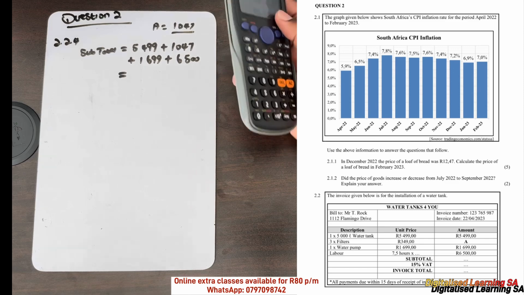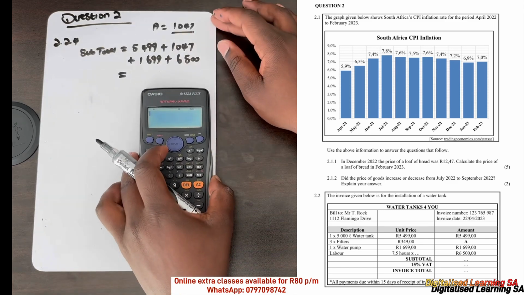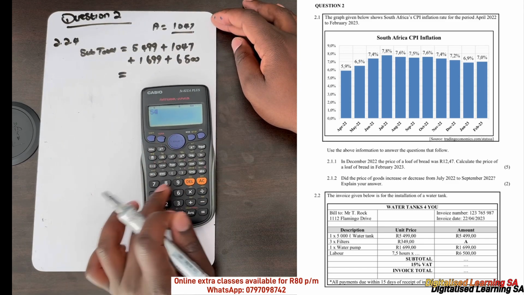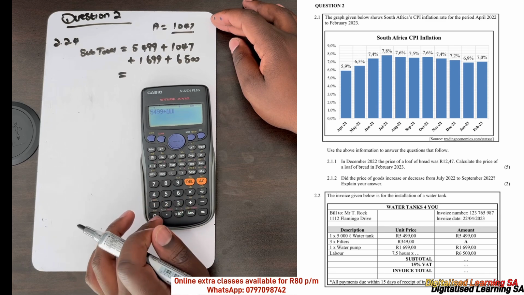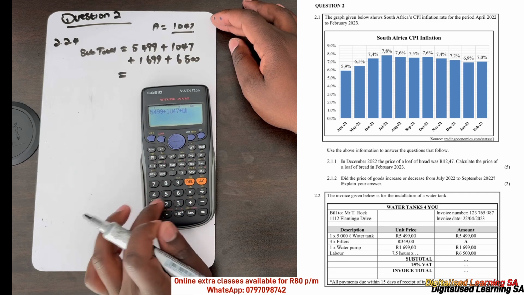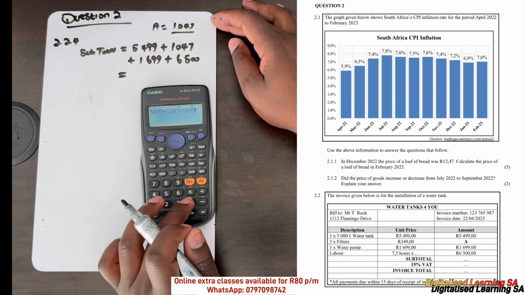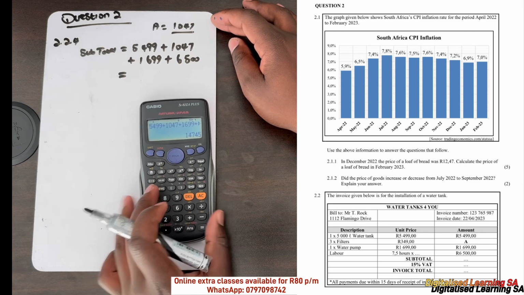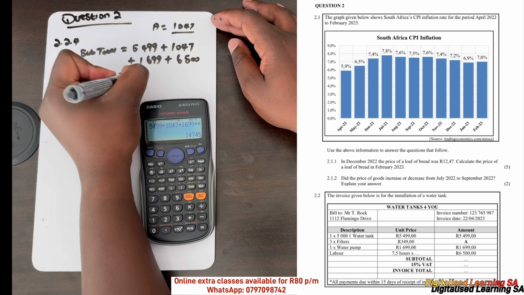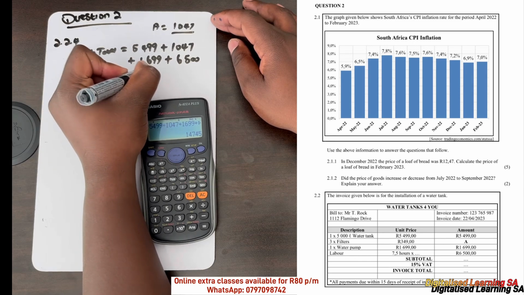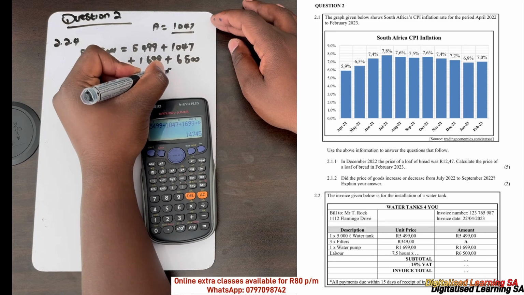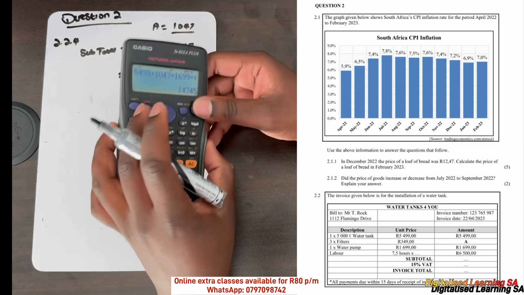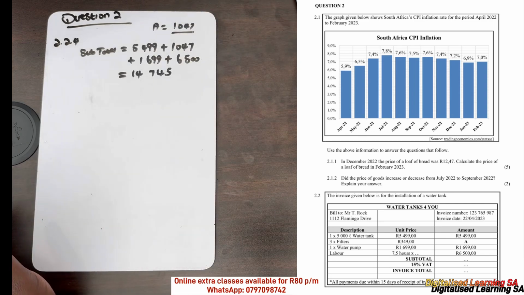Okay, so our subtotal will be 5499 plus 1047 plus 1699 plus 6500. So our subtotal will be 14,745. So now we are told that VAT is calculated at 15%.